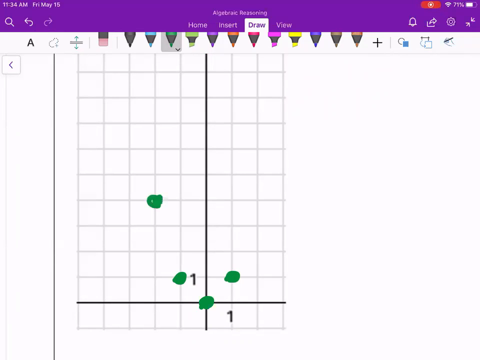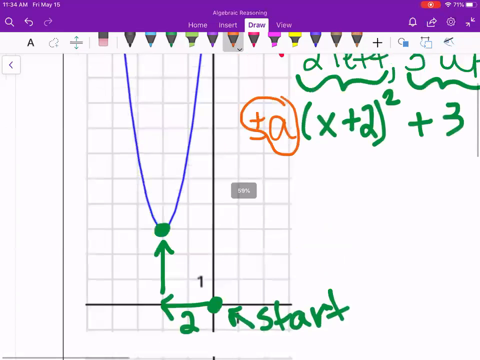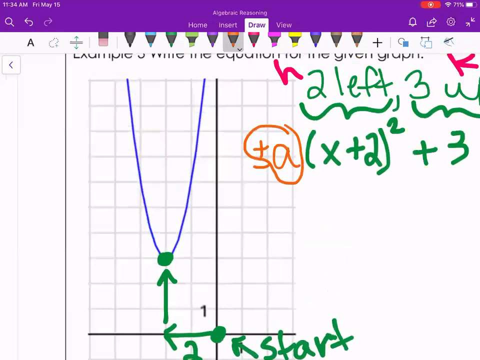Okay, and then our points that we had on the graph, I'm going to take this graph and shift it so it lines back up with the original one. So when I go back and look at the original, from this starting point, I had a point up here, which was 3 up and 1 out from there.